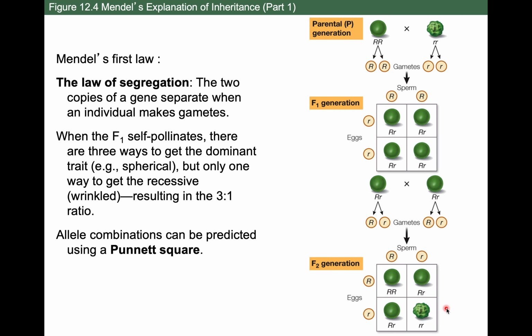And so what this Punnett square is predicting we should get is exactly what Mendel was seeing. We would predict we would get 3 times as many plants with the smooth dominant phenotype as the recessive.